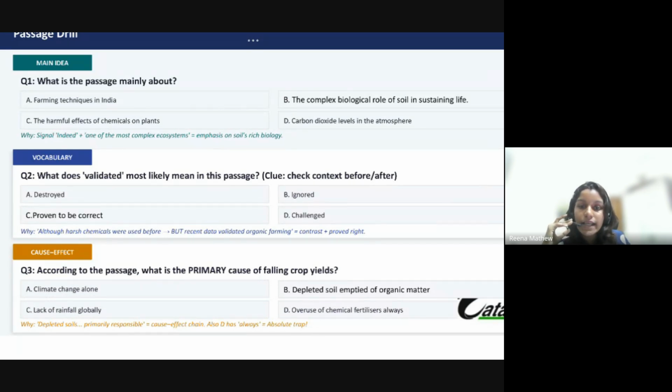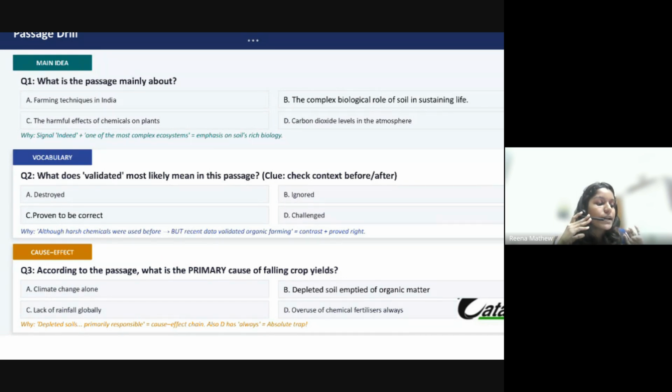So इस वाक्य में although और but का combination है. पहली बात कहती है कि पहले केमिकल यूज होते थे, लेकिन बाद की बात कहती है कि ऑर्गेनिक फार्मिंग बेहतर है. यानी यह दो अलग अलग बातों में विरोधाभास और कॉन्ट्रास्ट है, और अंत में ऑर्गेनिक फार्मिंग को सही साबित किया गया है.